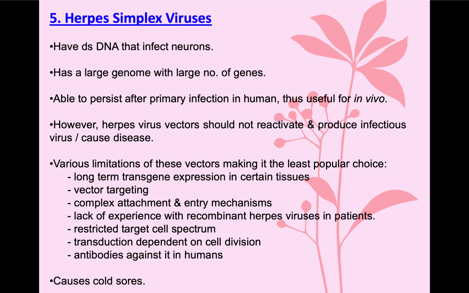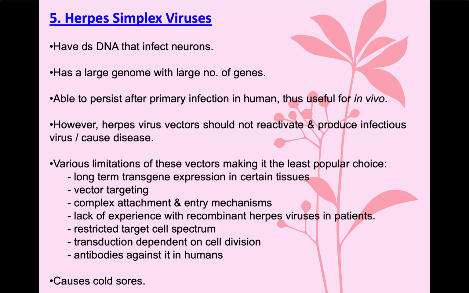It has a large genome with a large number of genes, but so far I think people have studied about 50 to 70 types of genes. The exact number hasn't been said. Herpes simplex viruses are able to persist after primary infection in humans, and of course it is useful for in vivo because it could hide itself and prevent itself from being detected by the immune system.